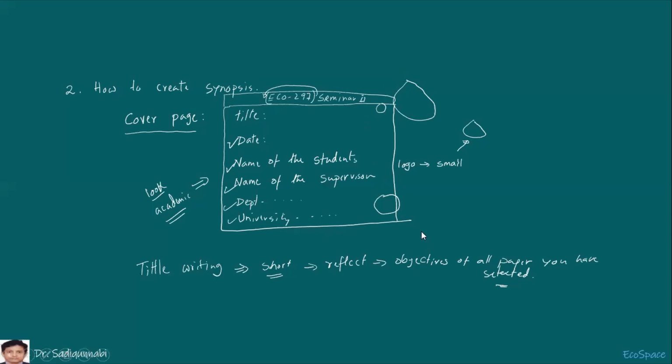Okay, and it must attract the audience. The reason of this attraction is that if you write down a very good title, if you formulate a very good title, readers or audience will be attracted to read your paper or synopsis or your article.